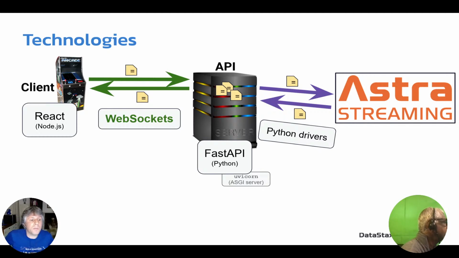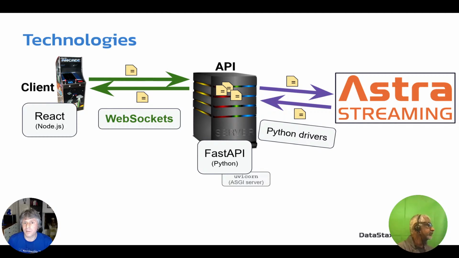FastAPI is cool, Alessio, I agree. The communication between client and API will be done through WebSockets. So WebSockets are a very useful and well-performing way to have full duplex communication between web servers and web clients.